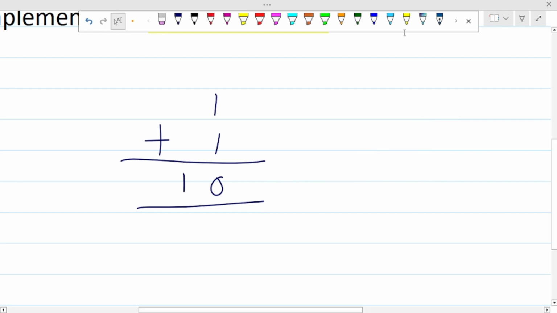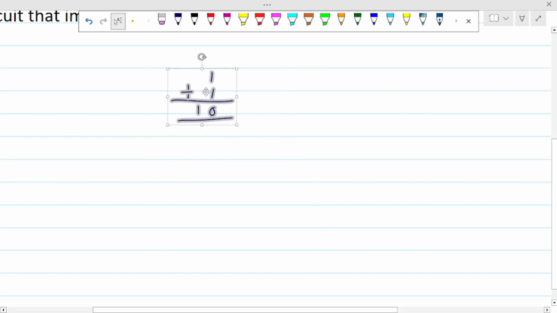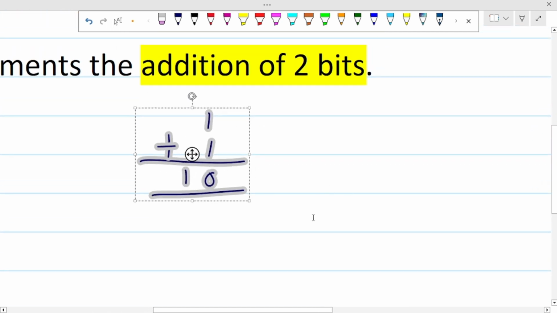So how do we design a circuit that will implement this? The first move is to get the truth table, and we can design our circuit from that. Note that it can be anything here.